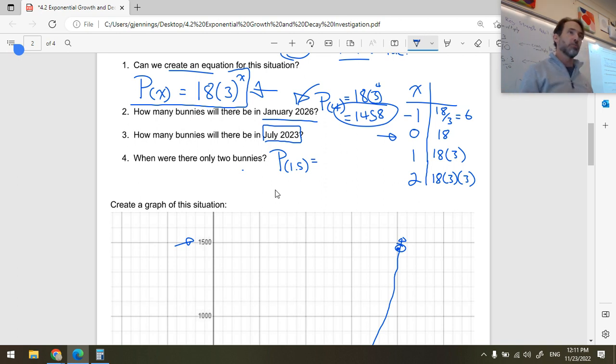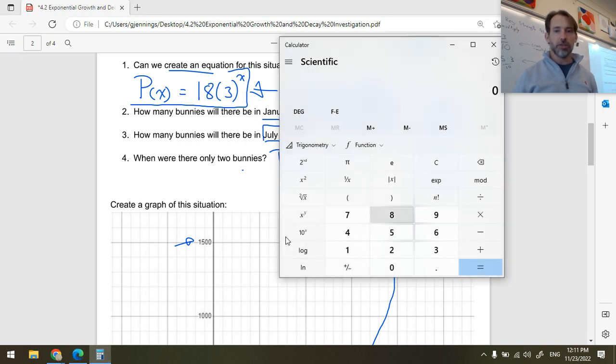And we can use exponents in this case, and your calculator will handle them just fine. So this is going to be equal to 18 multiplied by 3 raised to the power 1.5. So let's see how we punch that into our calculators. I'm going to do 18 multiplied by 3, and then I use this x to the y button, and I raise it to the power 1.5, and say equals.